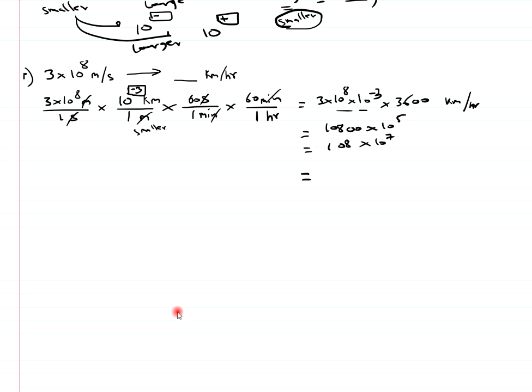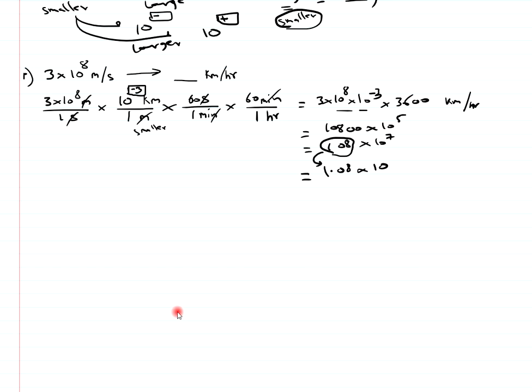And if I want to write this in the scientific notation of 1.08, then again I have to think, I am going from a bigger number of 108 to a smaller number of 1.08. So I need to write 10, and then I need to say how many places I'm moving. I don't have to worry about whether I'm moving left or right. All I need to care is, am I going from a bigger to smaller or a smaller to bigger?